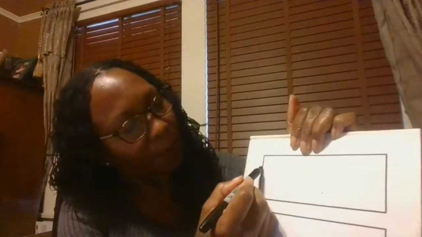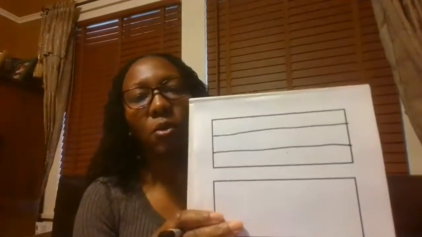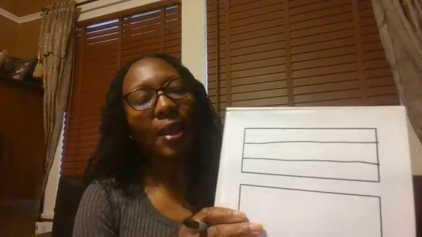So we thought about our ones as a factor, 2s as a factor. Now let's talk about 3 as a factor. We know that 3 times 4 will give us 12. So we're going to do 3 rows. All right. We have 3 rows, and now we need to have 4 columns.